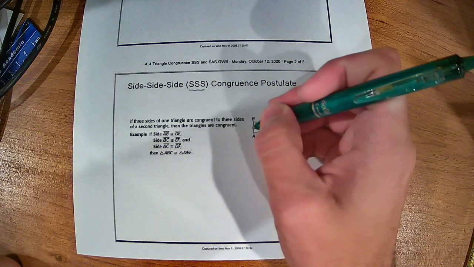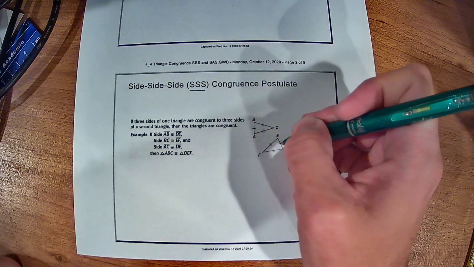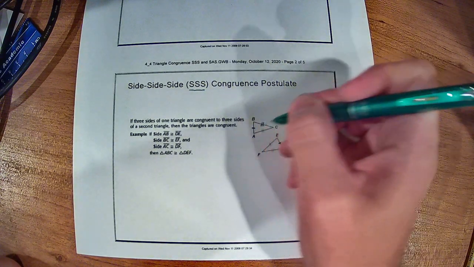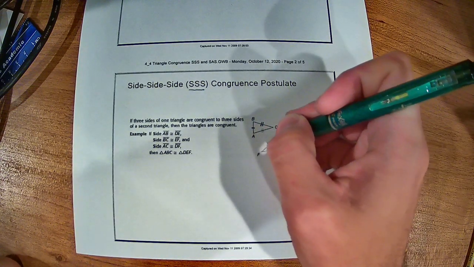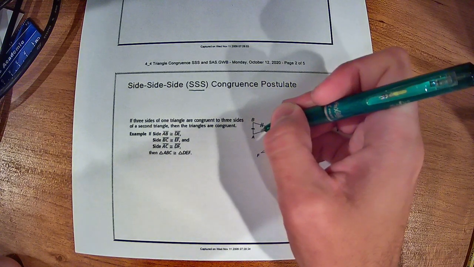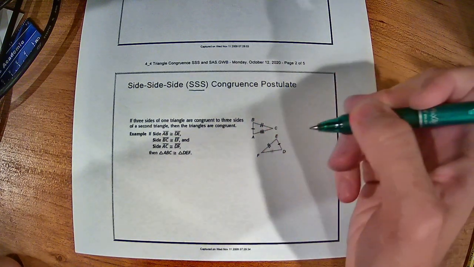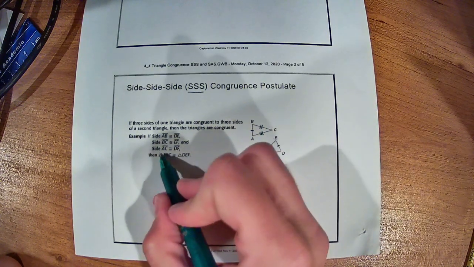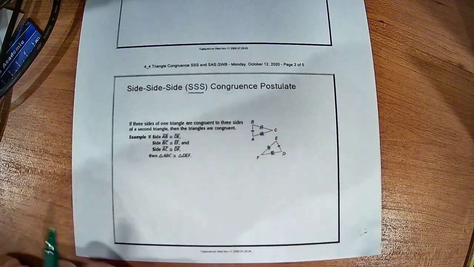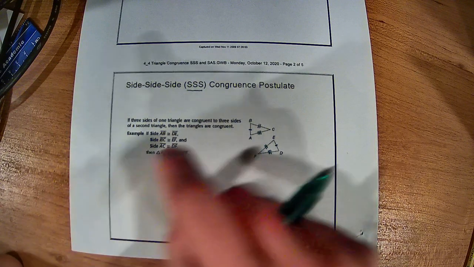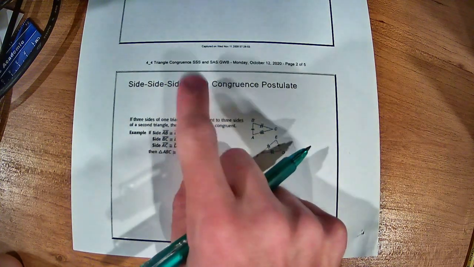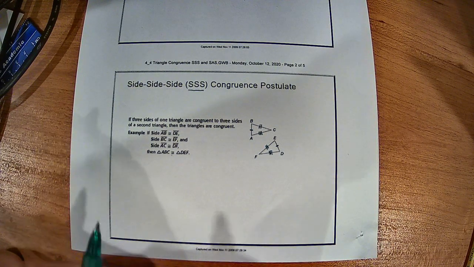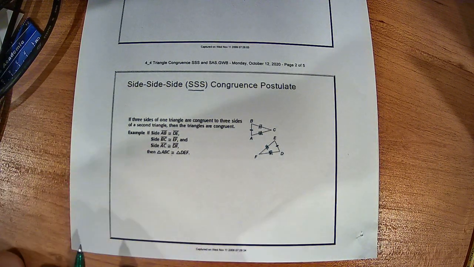So long as, for example, AB in this case matches up with DE, and BC matches up with EF, and then, of course, our last side here, AC matches up with DF, then cool, we can say triangle ABC is congruent to DEF. So long as we can prove all three sides are congruent, then wonderful, we have congruent triangles. So we could, for lack of a better word, ignore the angles in that case.